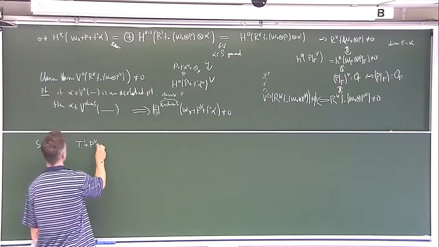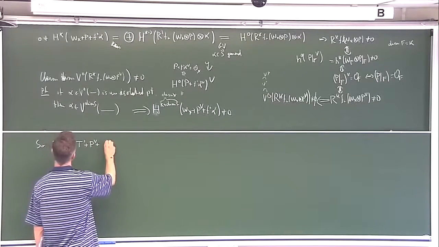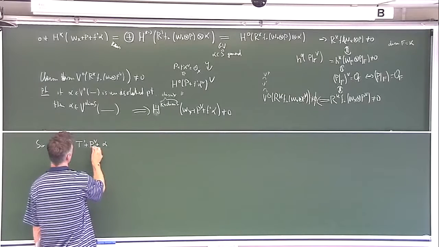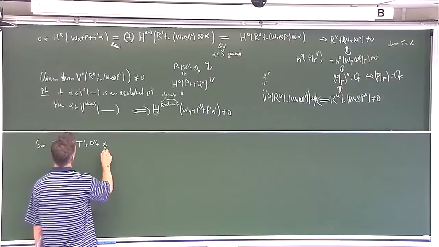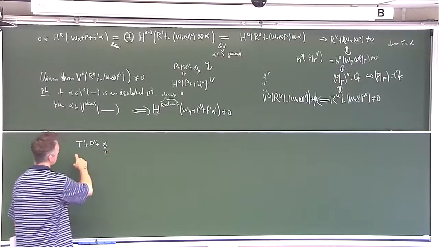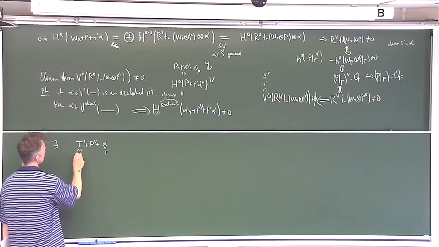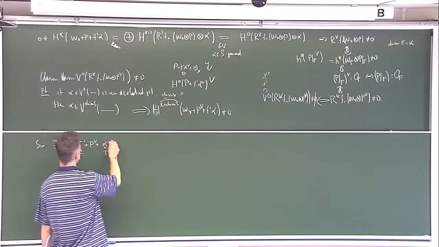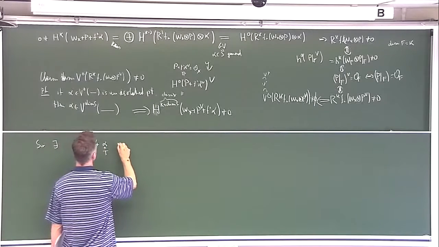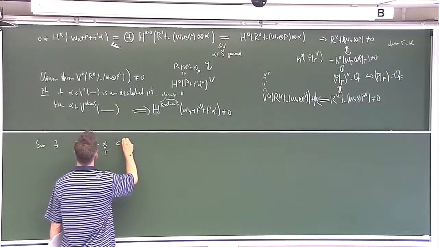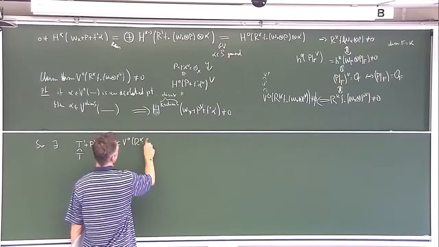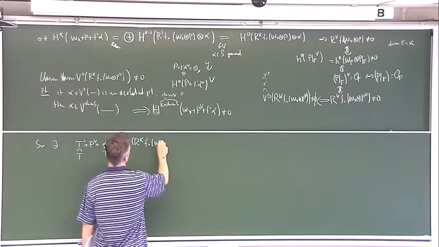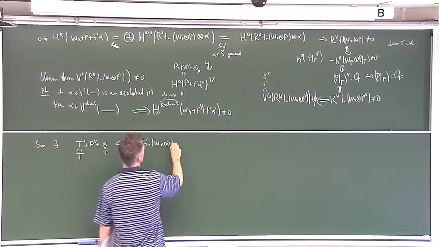Let me just not be economical, plus alpha. So this alpha is some element of T, and T prime is contained in T, and this is a component of V0 K F lower star omega x tensor P dual.